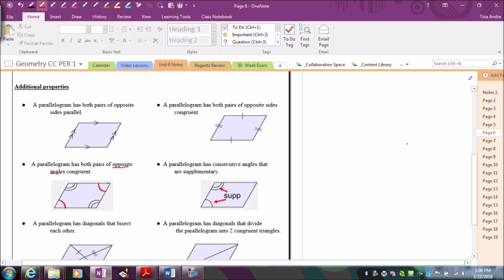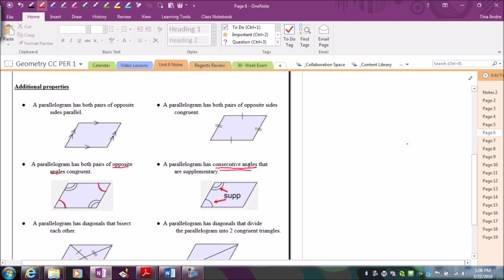They're opposite each other. Remember that the same side interior angles, so this single arc and this double arc, are going to add to 180. And the reason why that's true is because if these lines are parallel, then you have same side supplementary interior angles. So those will always add to 180, which is really what this property here is saying.